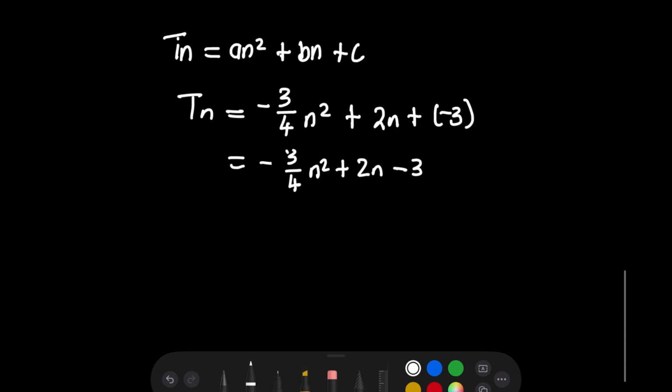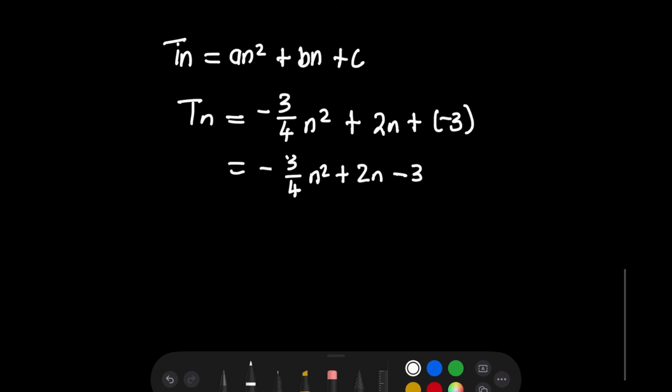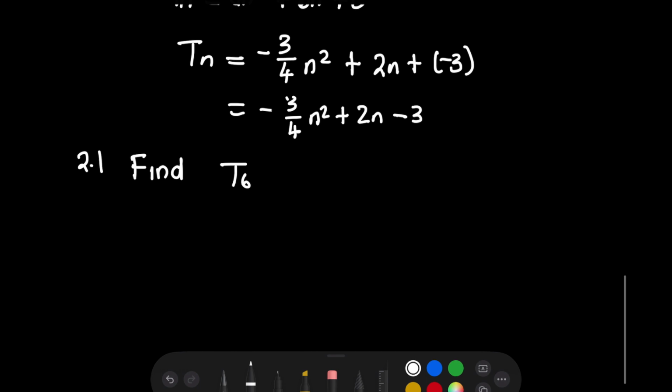The sub-question of this question, let me say 2.1, is for us to find term number 6. We're going to find term number 6 by substituting 6 where there is n.